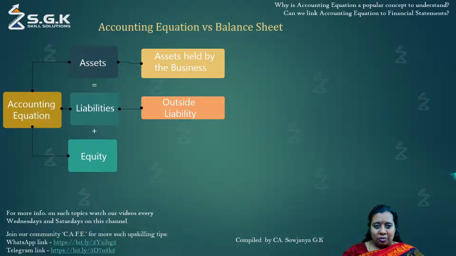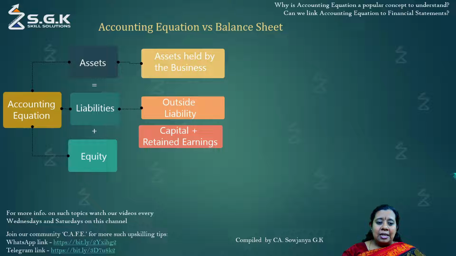Coming to the next part of the equation, equity consists of the capital invested by the owner of the business and the earnings retained by the business after distribution of dividends, which is a compensation to the owner for investing money into the business.